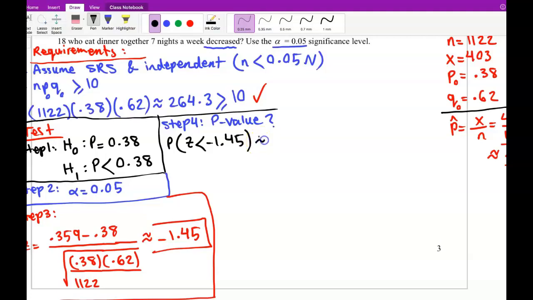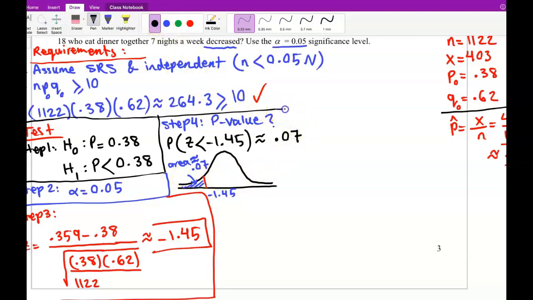Okay, I'm rounding it to 0.07. So if I draw it, that is the area for the left tail. z is negative 1.45, and since I rounded, the area is 0.07. Okay, so we finished step 4.